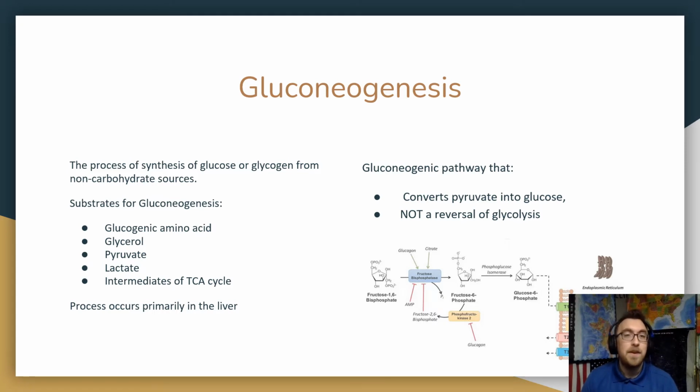2 pyruvate plus 2 ATP plus 2 NADH, 2 hydrogen ions, and 2 molecules of water will then result in glucose, 2 ADP, 2 inorganic phosphates, and 2 NAD+. And thermodynamically, the delta G of that reaction would be approximately plus 20 kilocalories per mole.